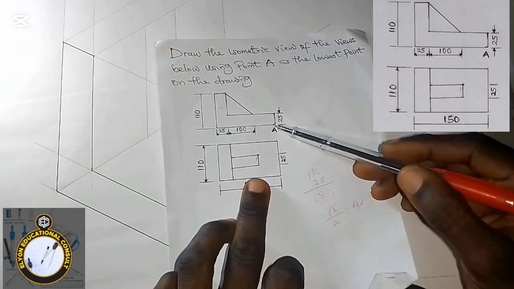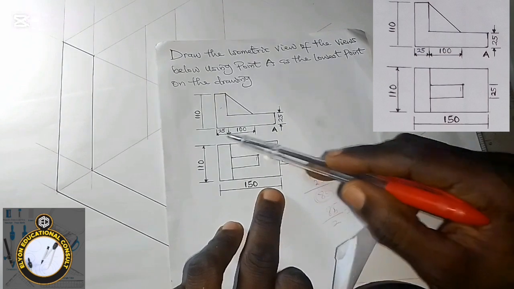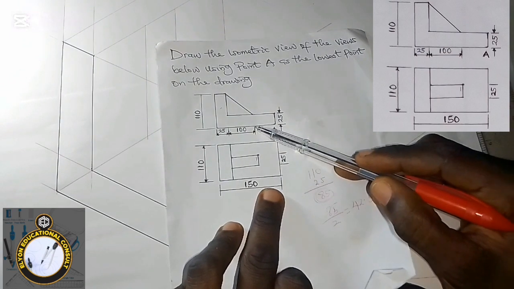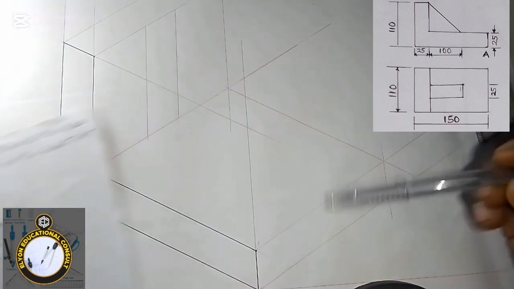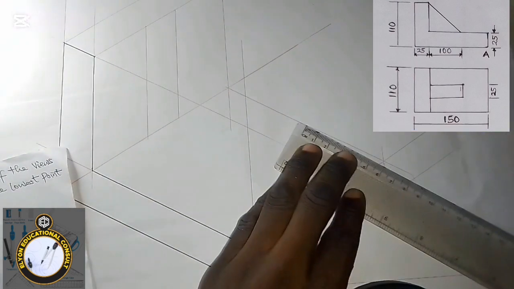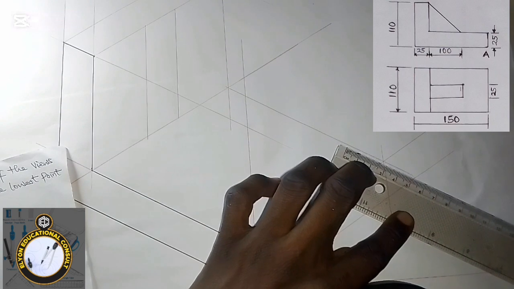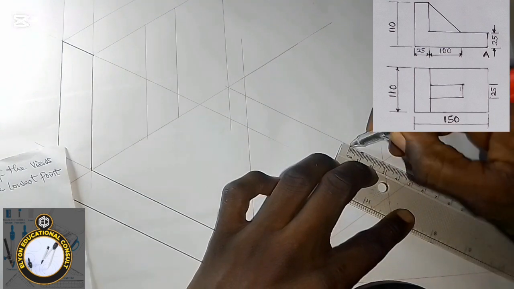The whole length is 150 and we have 125 here, so it means that from here to here is 25, from here to here is 25. So I'm going to be taking 25 here. I can take the 25 here, that is 2.5. So this is it, 2.5.